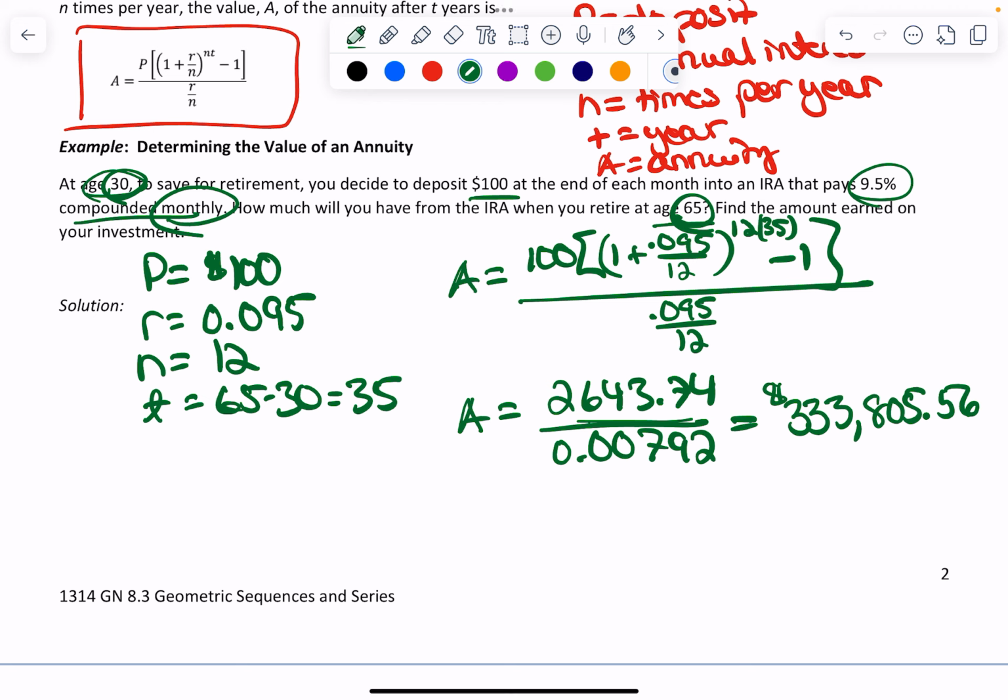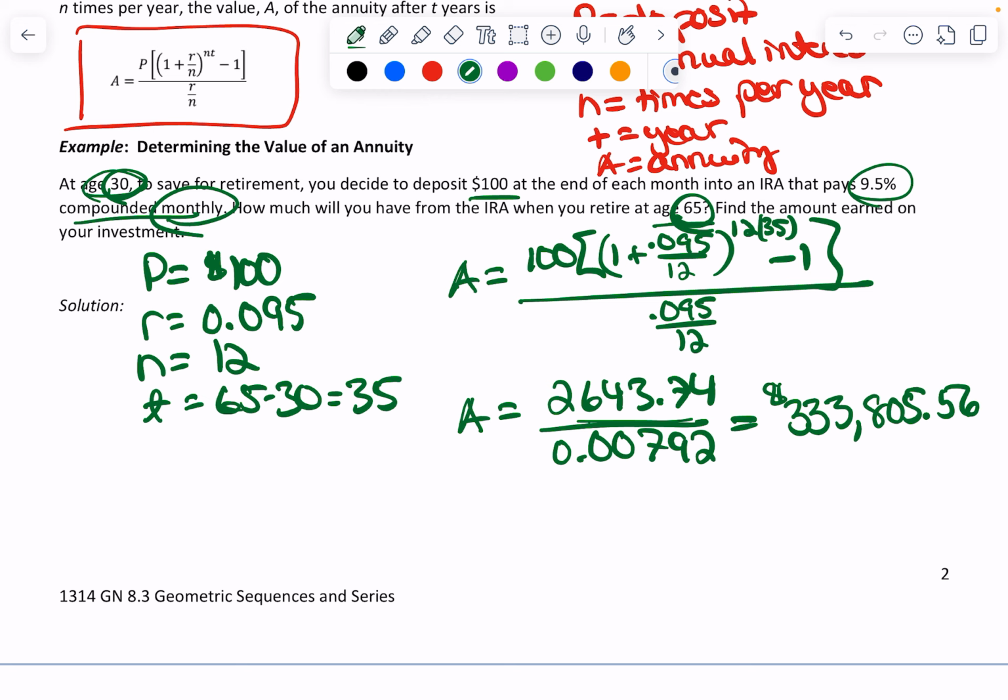Now, here's the thing though. If you don't round and do the whole thing on the calculator, sorry, I erased it.